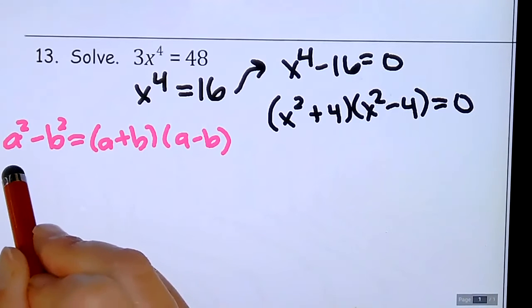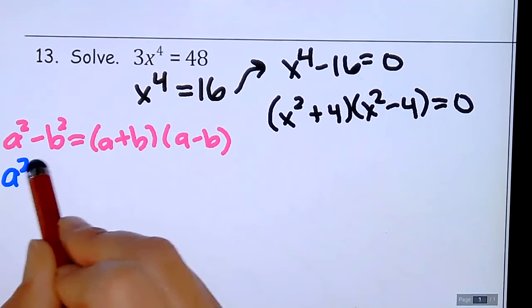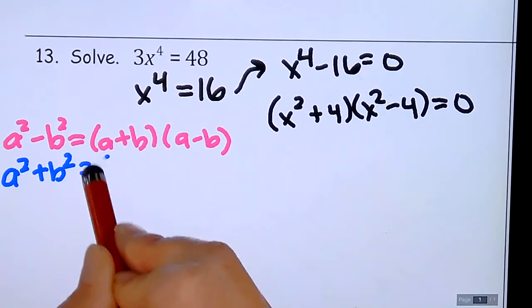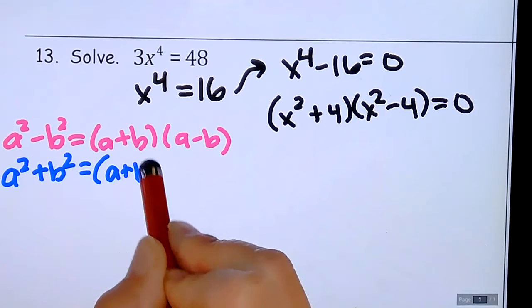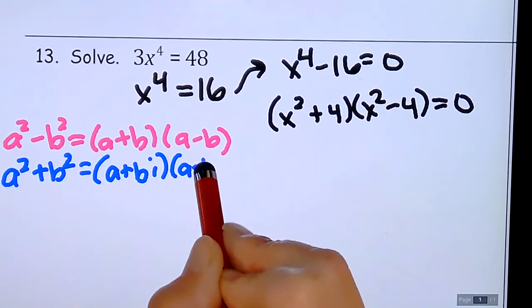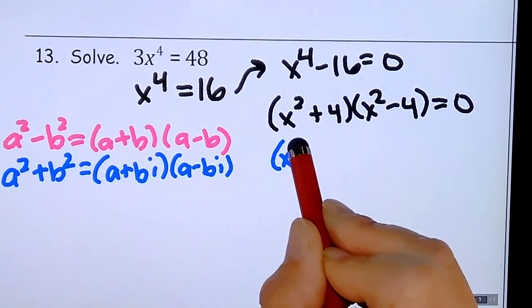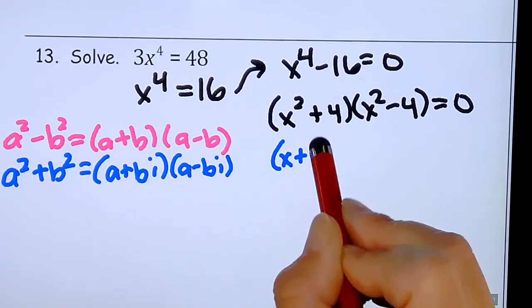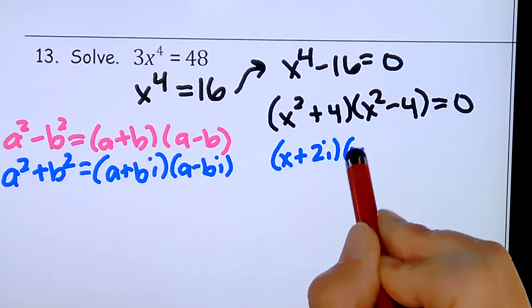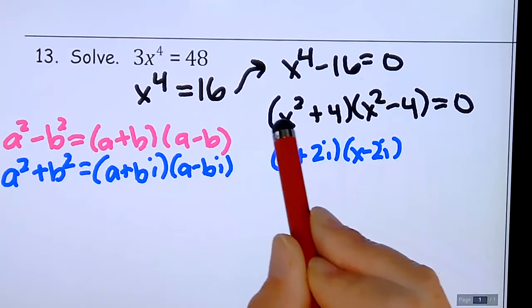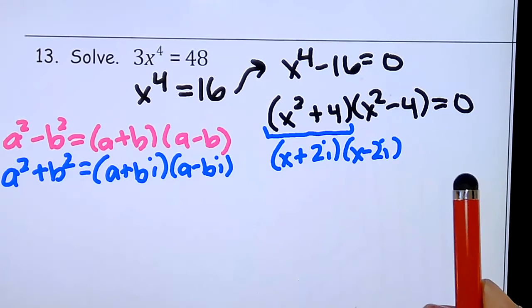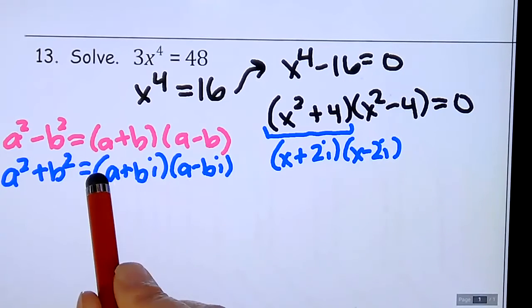So again, if I have this, a squared plus b squared, this is really a plus bi, a minus bi. So this is going to be x plus 2i, x minus 2i.